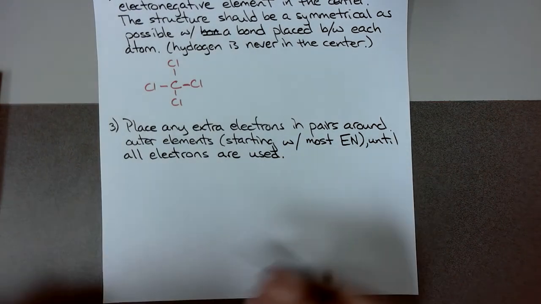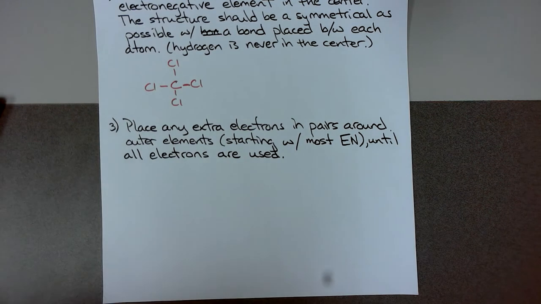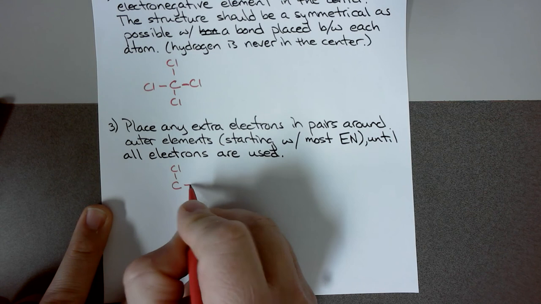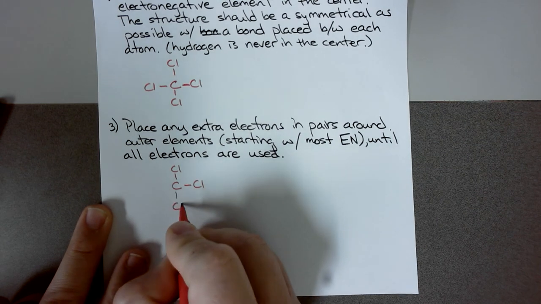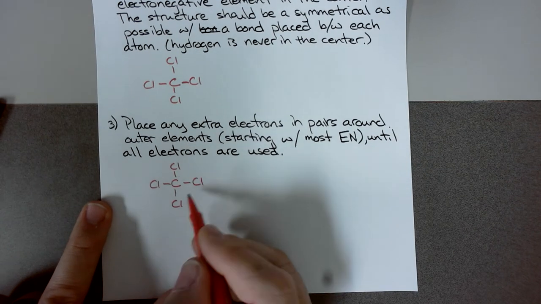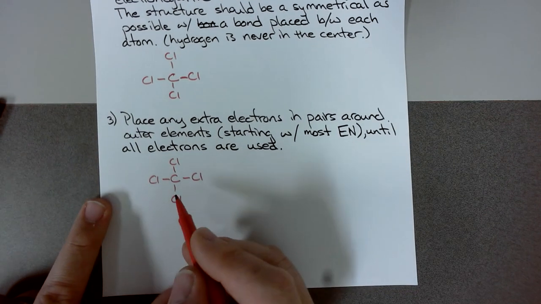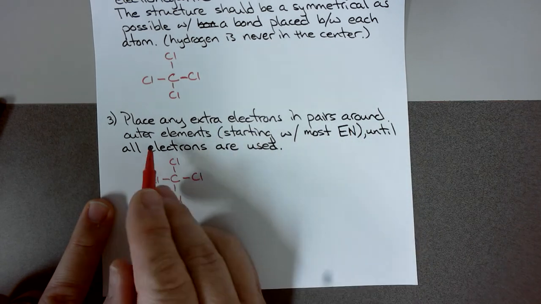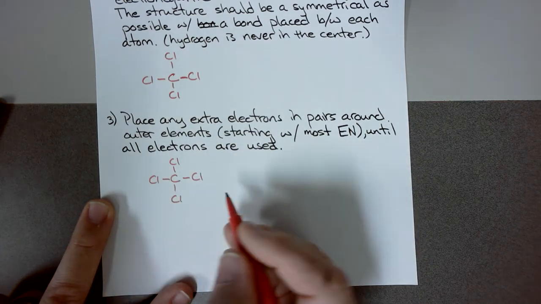Okay, so we go back to the structure. We have carbon, chlorine, chlorine, chlorine, and chlorine. These are all the same elements, so they're all the same electronegativity. So we're going to be putting extra electrons in pairs around the outer elements until I use all of the electrons.